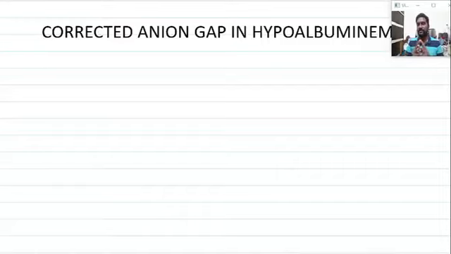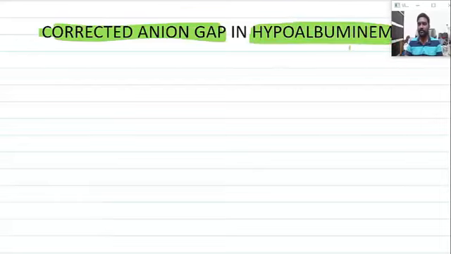So in those conditions, there is a concept called corrected anion gap, corrected anion gap in hypoalbuminemia. Whenever there is less albumin, what is going to happen? The anion gap in these patients will generally be low. But I have to standardize the anion gap equivalent to a normal person of that given age.